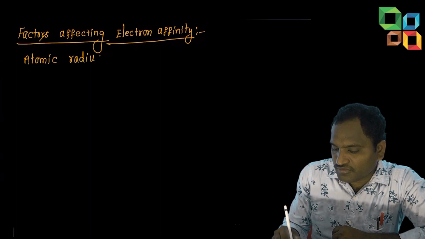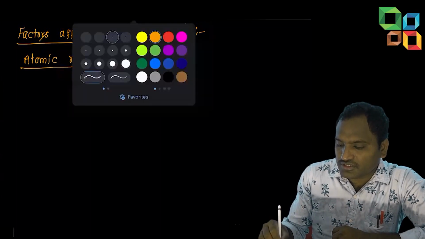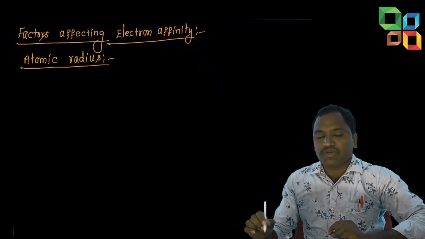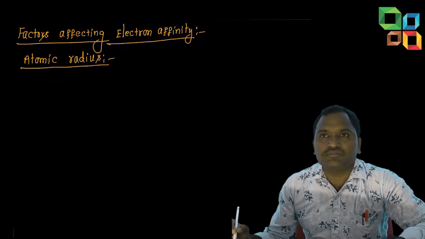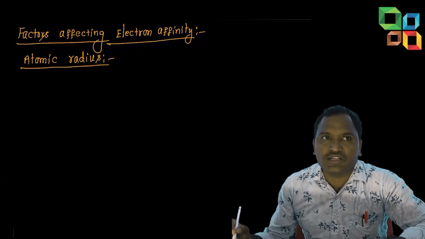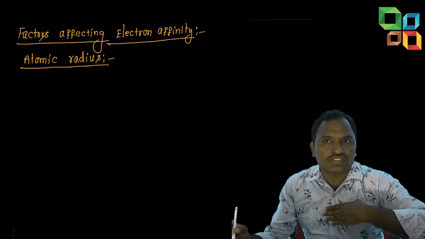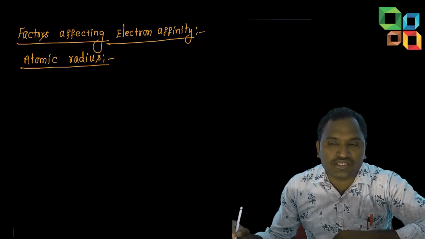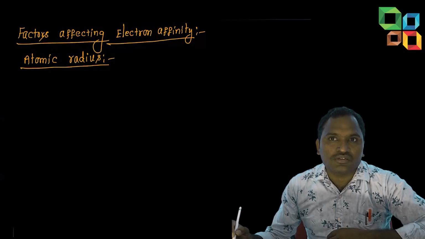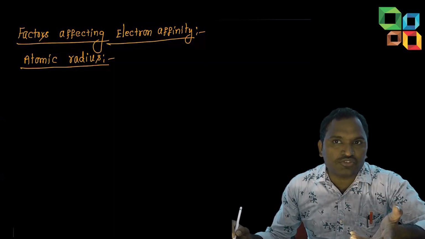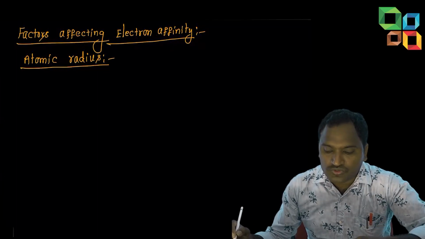These are all general factors only. Some other exceptional cases are there, students, and we'll discuss that also. Atomic radius: as atomic radius increases, the tendency of attracting electrons decreases. If it decreases, the tendency of releasing energy also decreases, so the amount of energy released decreases.